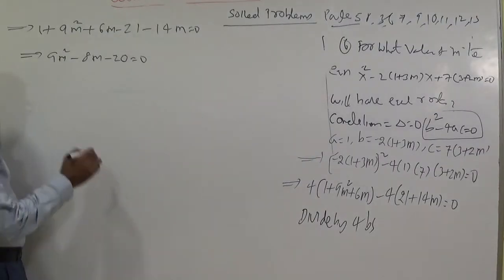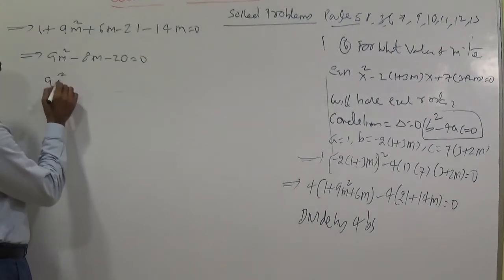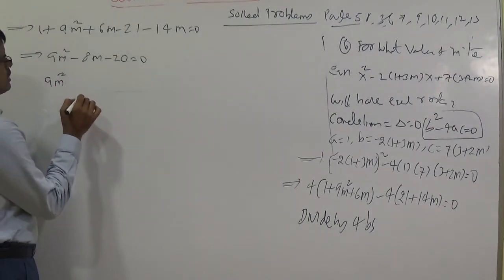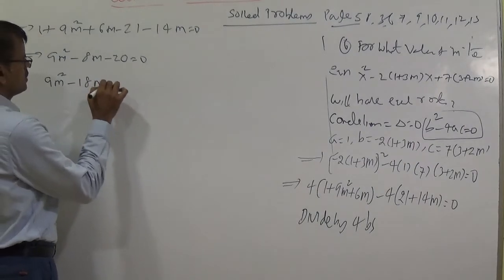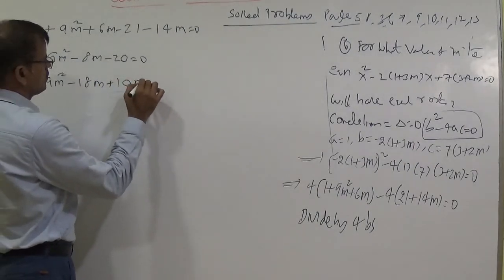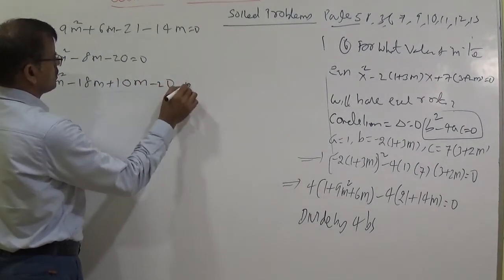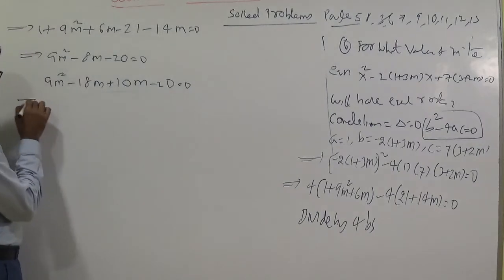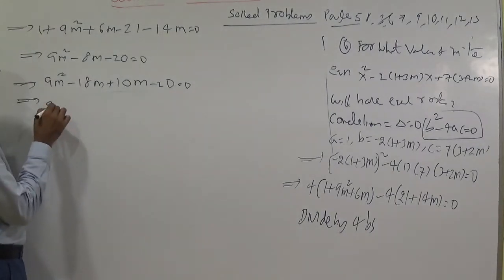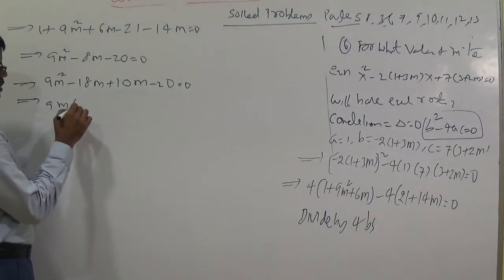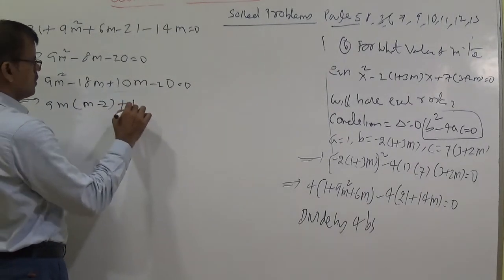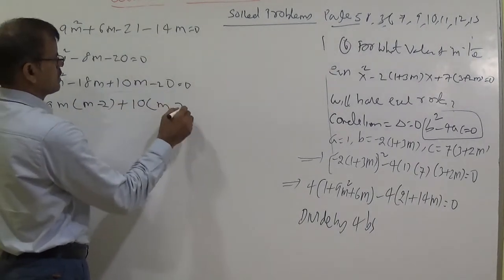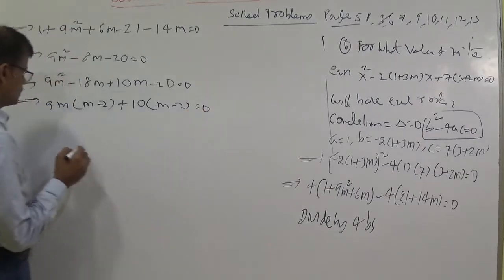9 20s are 180. Using the 180 we split the middle term: 18 10s are 180, so you can write 9m square minus 18m plus 10m minus 20 equal to 0. That implies take common 9m, it becomes m minus 2, plus 10 as common, it becomes m minus 2.